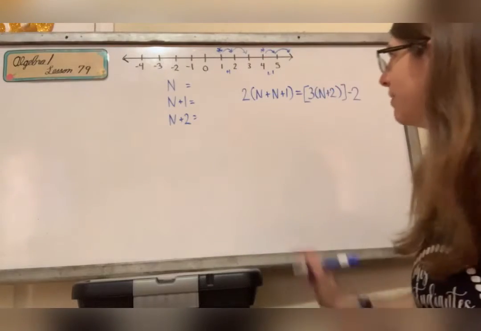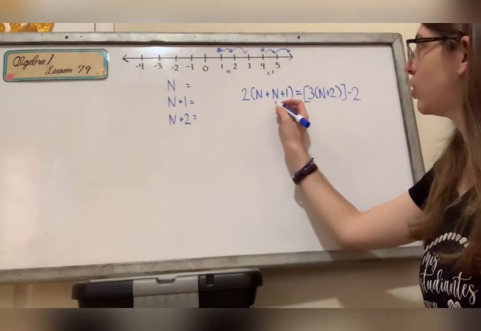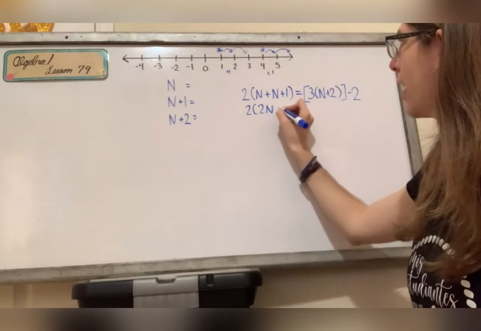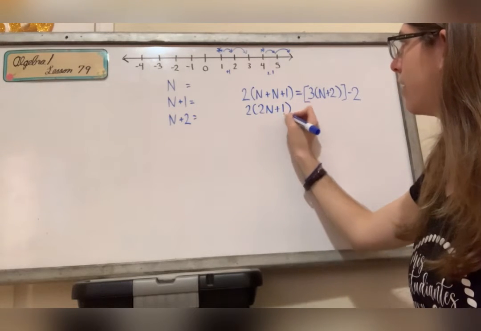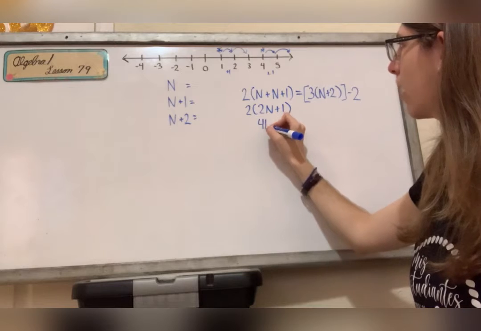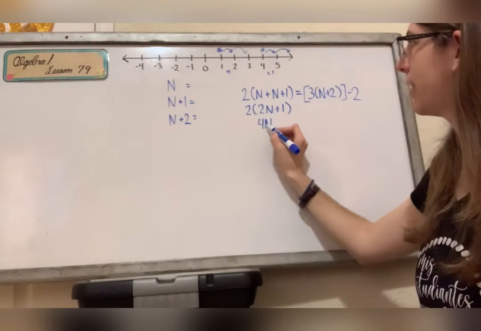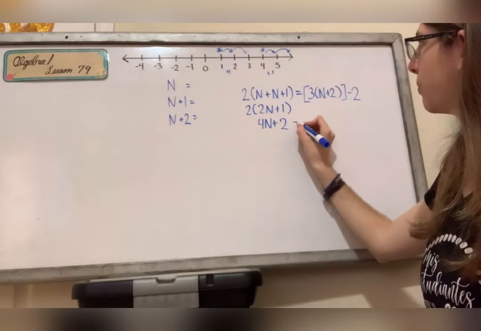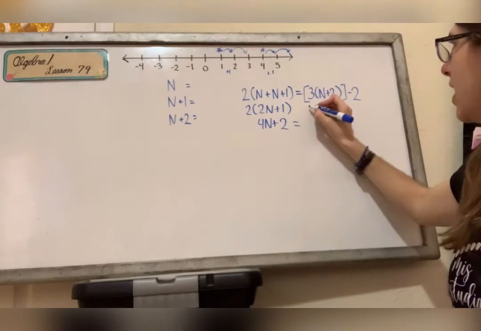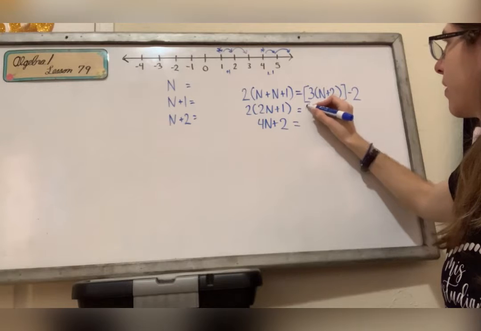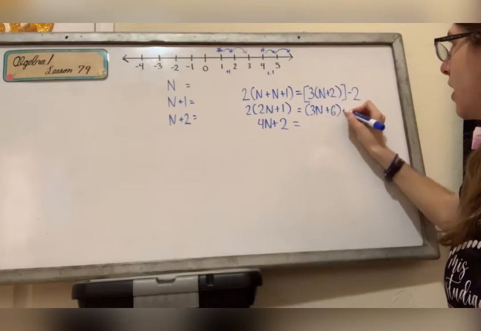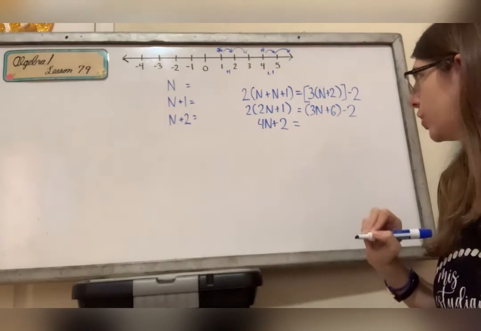Okay, let's combine. N plus n, I know is 2n. So I have 2 times 2n plus 1, which would be 4n to distribute. 2 times 2n is 4n. 2 times 1 is 2, so 4n plus 2. Over here, I have 3n plus 6 minus 2.